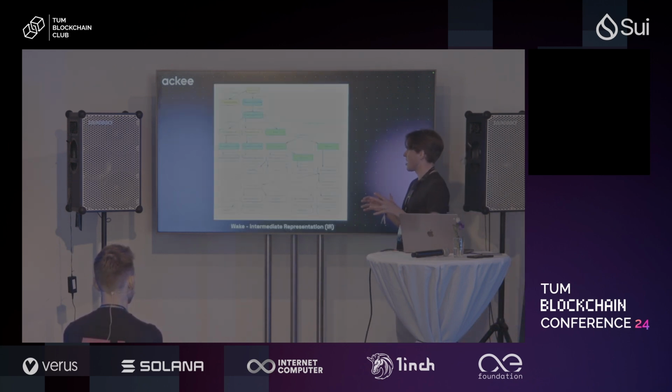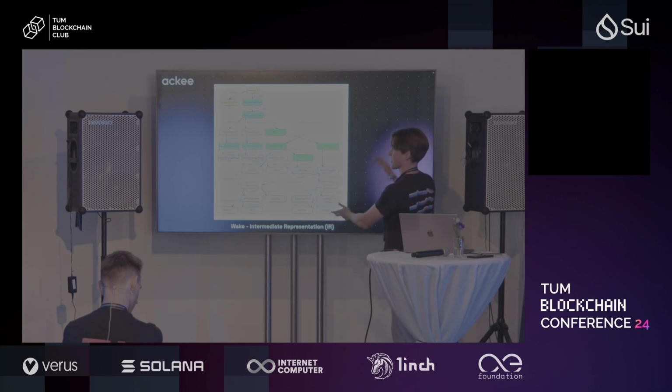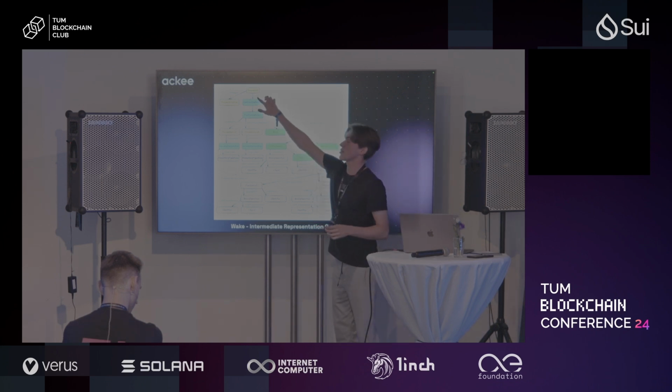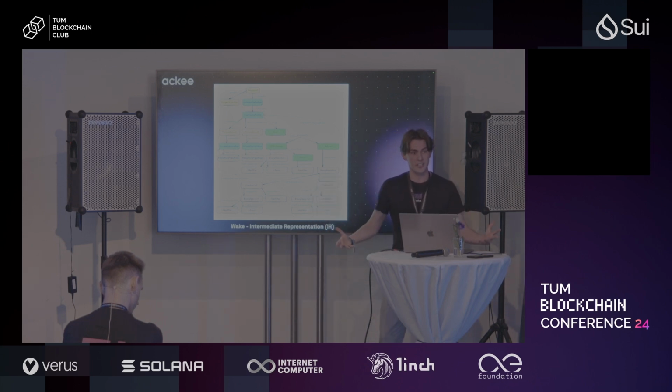Okay, but how the hell does it look? This is how we can think about the intermediate representation model. Yeah, it's a huge amount of data, but let me go through it. It's a source unit that has every smart contract. This is a contract definition.